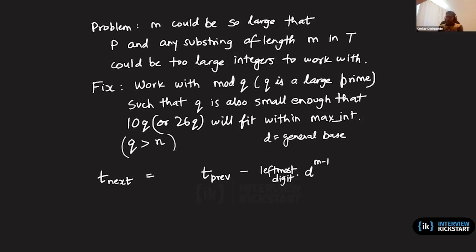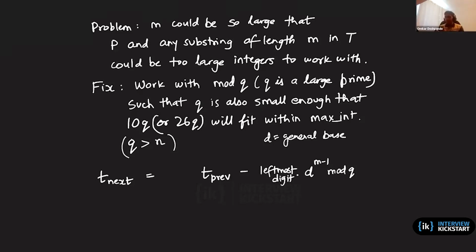And it turns out that d to the power m minus 1 itself could be quite large. The nice property about modular arithmetic is that you can keep taking mods with every operation, and the final result is not going to change. Whether you take the mods sooner or later, that's not going to affect what the final answer is.